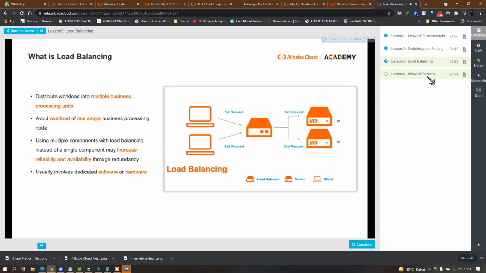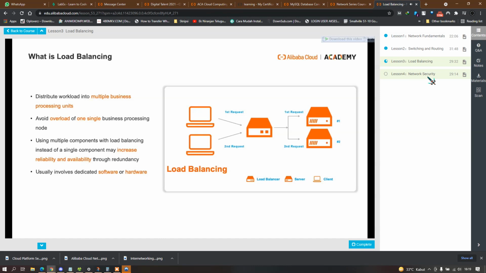By using multiple components with load balancing instead of a single component, it can increase reliability and availability through redundancy. Because when we are using load balancing, we have several business processing units processing the business at the same time. In this way, even if one single business processing unit is down, the rest of them can continue to provide the service. So we can achieve service redundancy.